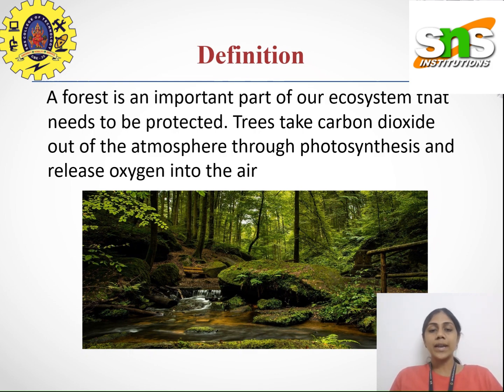Here they are explaining how a forest area is different from an agricultural area. Agricultural area is what we use in day-to-day life, where we practice farming, which is something different from the forest.